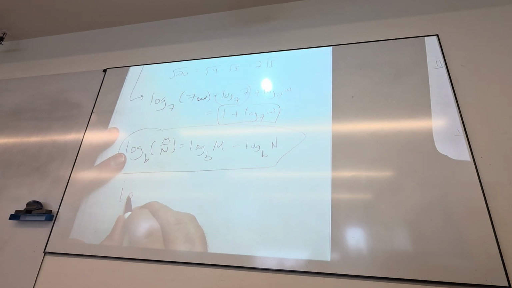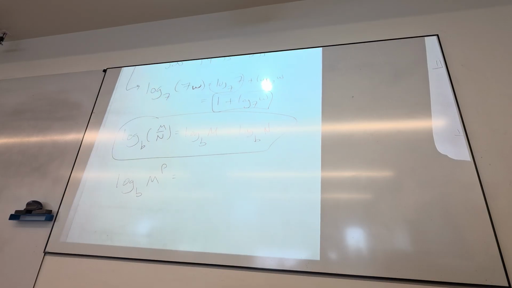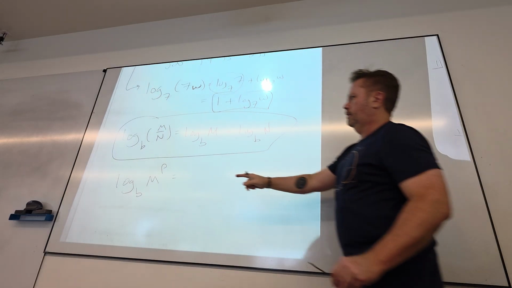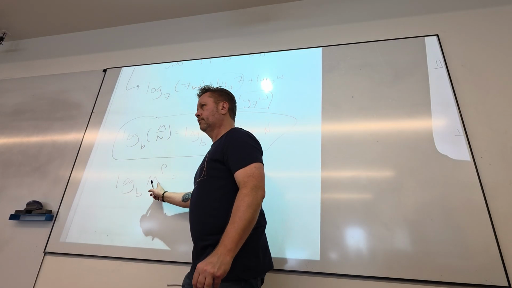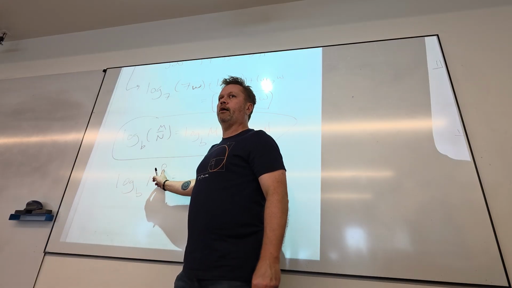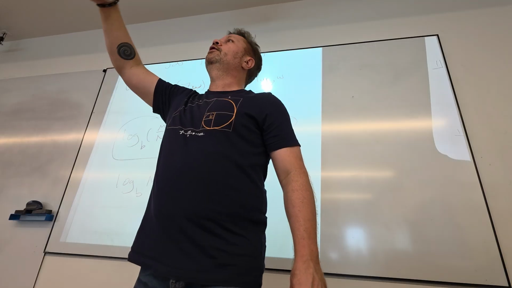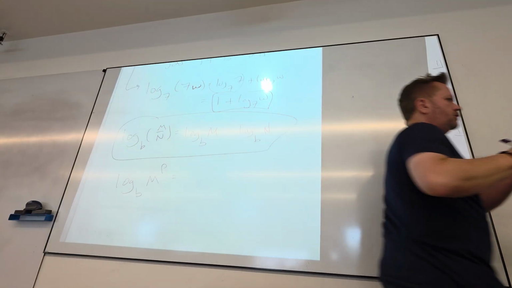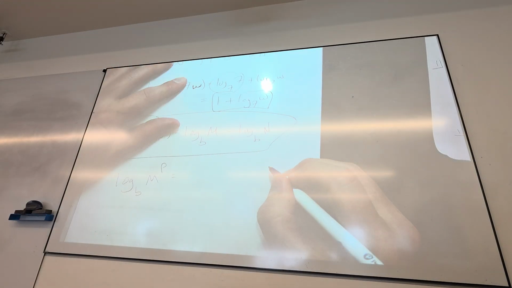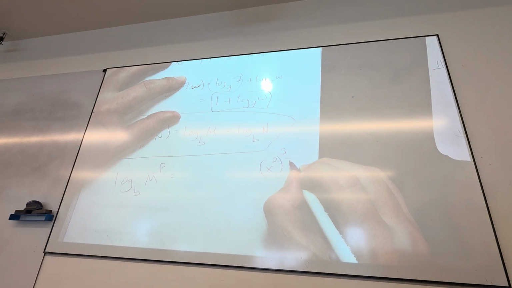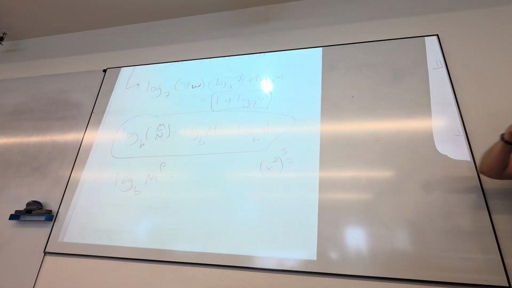But just to show everybody, in case you weren't here or you forgot, if I have something with a power raised to a power, what do I do with the two powers? Like x squared to the third power. No, you don't add them.